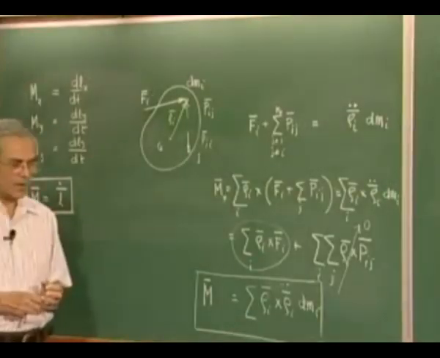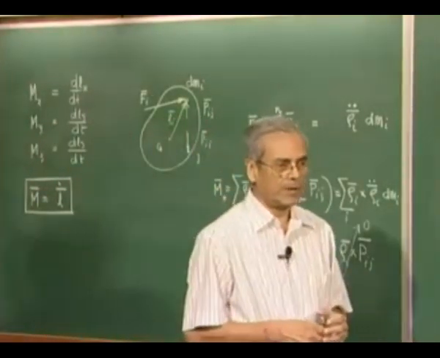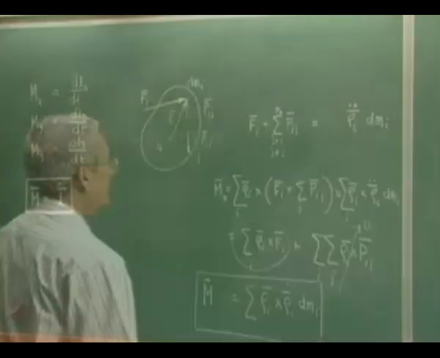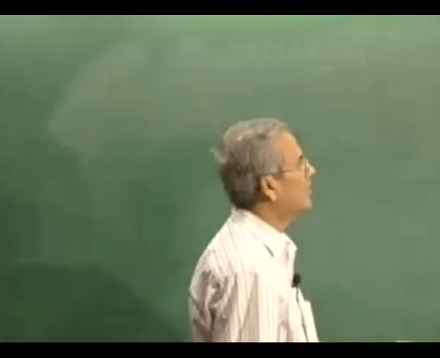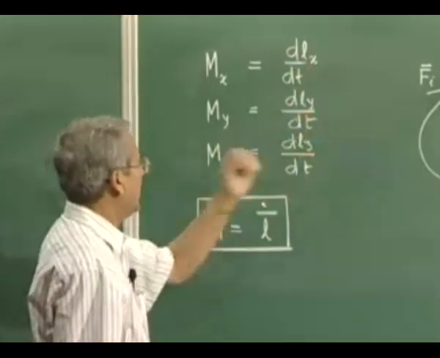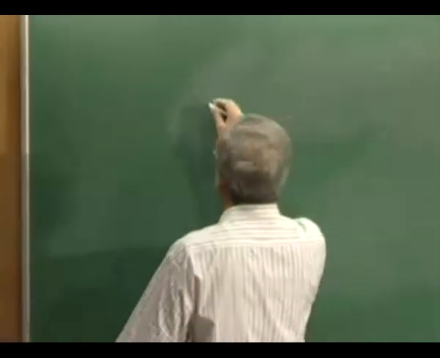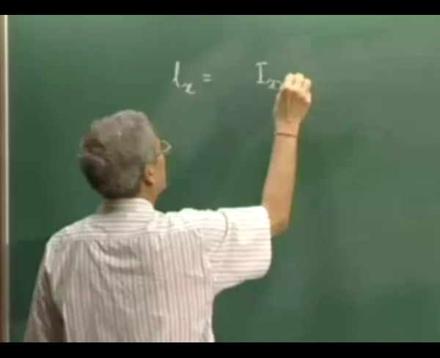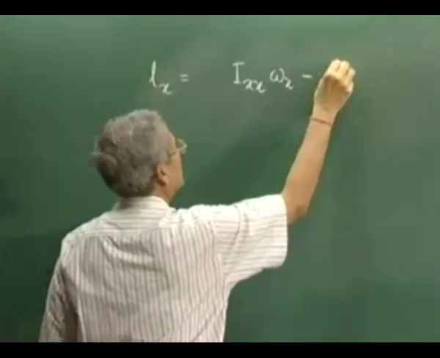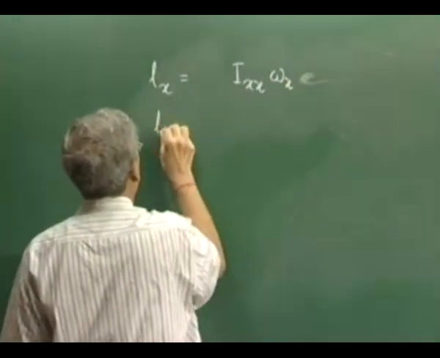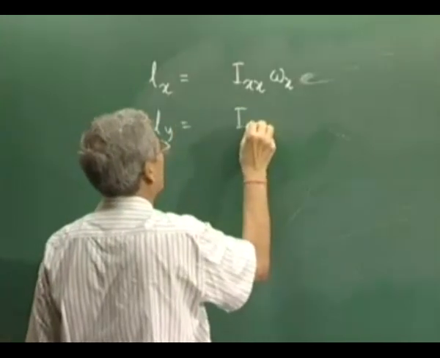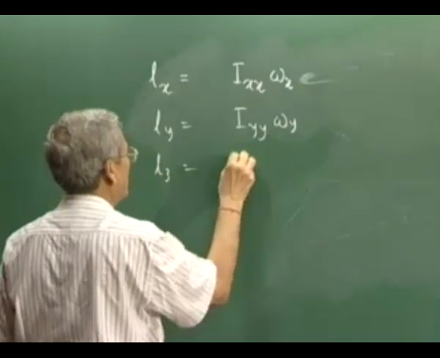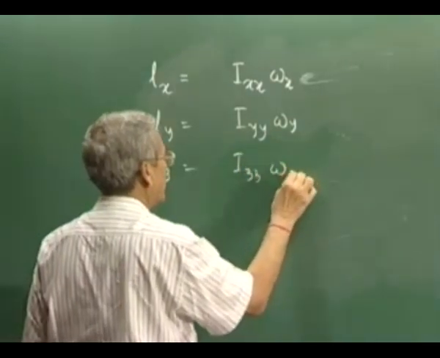So what we do here is represent the angular momentum in terms of the angular velocity components and the inertial property of the rigid body. Lx, Ly, Lz we have already seen. Lx is equal to Ixx omega x, Ly is equal to Iyy omega y, Lz equal to Izz omega z.